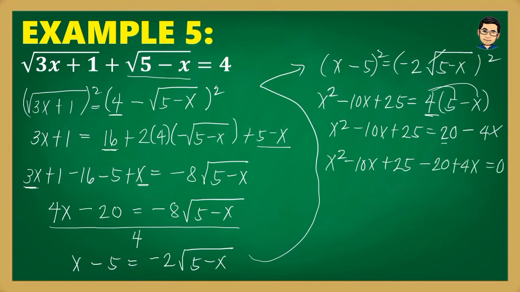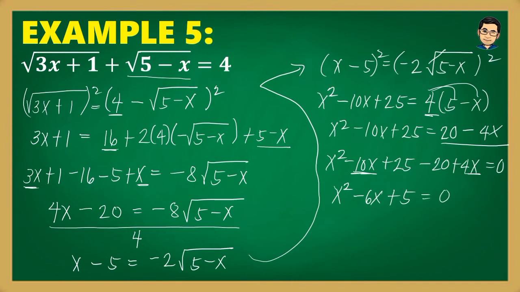So, this 20 minus 4x, we remove it from the right side and bring it to the left side. So, it becomes x squared minus 6x, combining negative 10x and 4x. And then, 25 minus 20 is 5, equals 0.